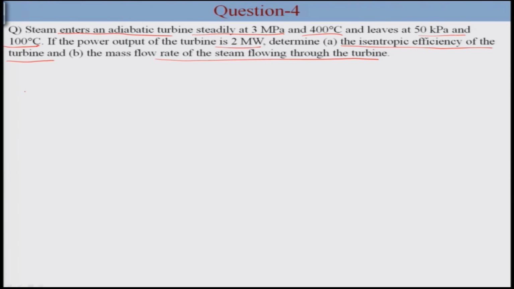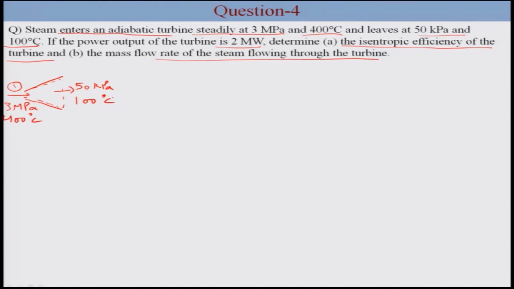So, there is a turbine. At point 1, steam is at 3 megapascal and 400 degrees Celsius, and then steam is moving out at 50 kilopascal and 100 degrees Celsius.